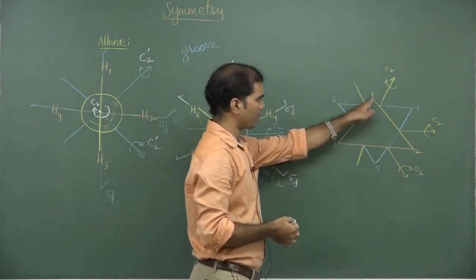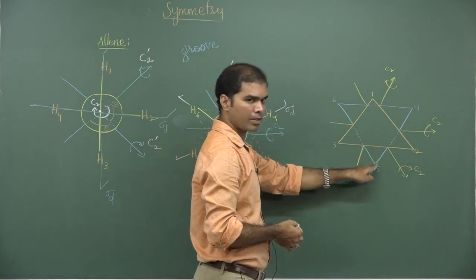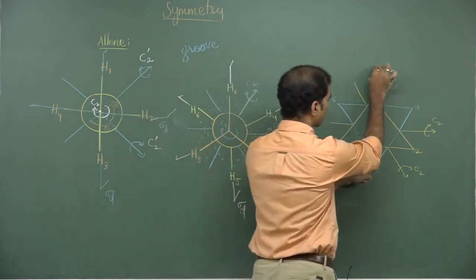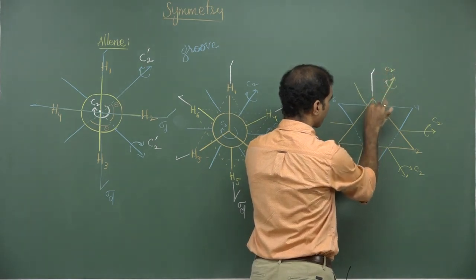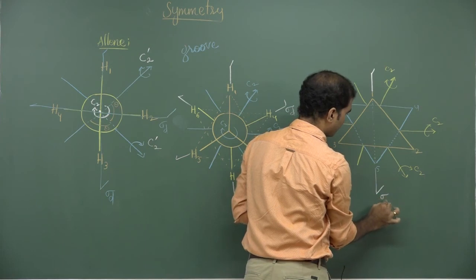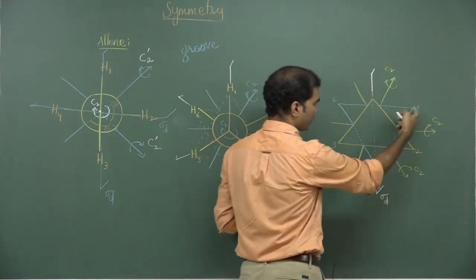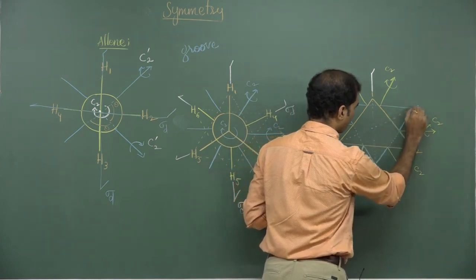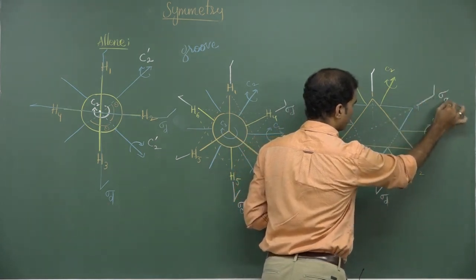This is a corner, opposite is another corner. So from the opposite corners, sigma d. From the opposite corners, sigma d.